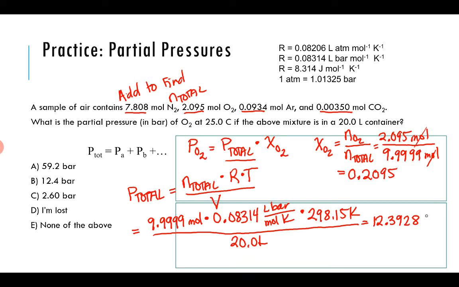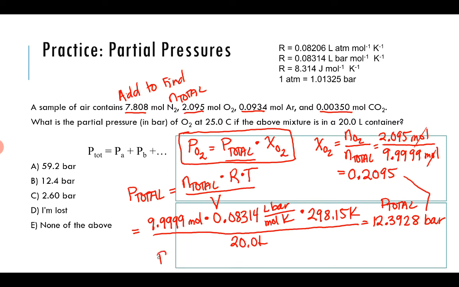And then the final unit on that is bars. And so I'm still not done with the problem. That is my P total. And so based on my original equation, I have to take P total and multiply P total by my mole fraction. So I have to multiply those two numbers together.